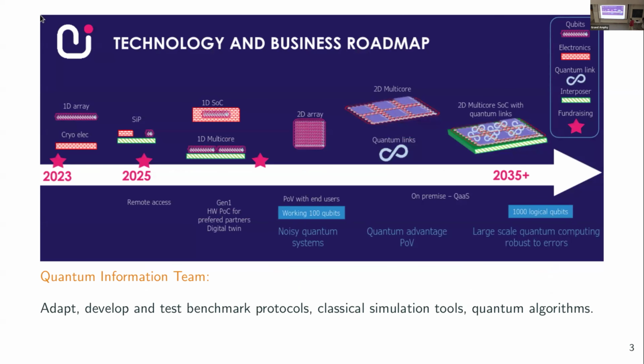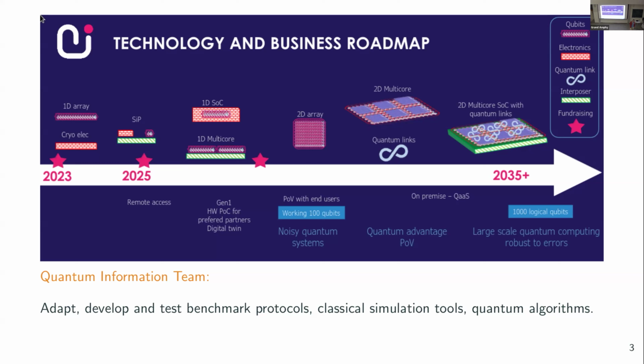Then roadmap. What I will do in my case is, of course, more on the theory side. So we are building a quantum information team. The goal would be to continue what I was doing at the university, so developing measurement protocols to try to benchmark multi-qubit systems, so from 10 qubits to 20, hopefully to hundreds.